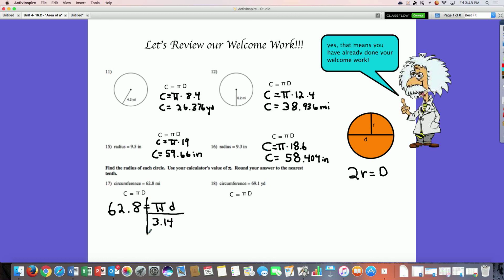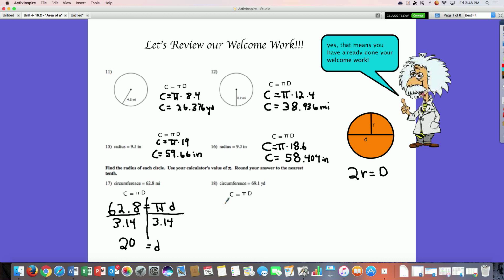That's all this is. And we're going to divide this side by 3.14. Same. I'm just left with d on this side. And of course, when I divide 62.8 divided by 3.14, I get an even 20. The diameter is 20.